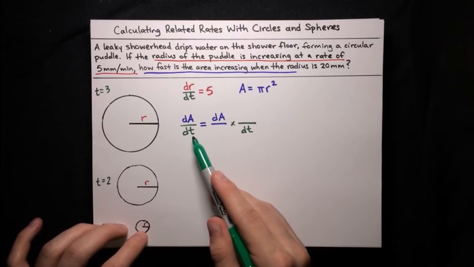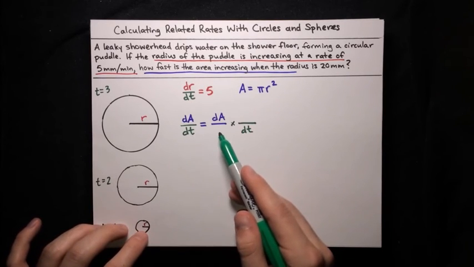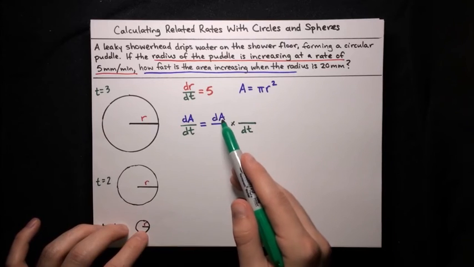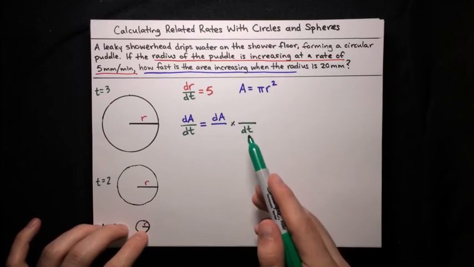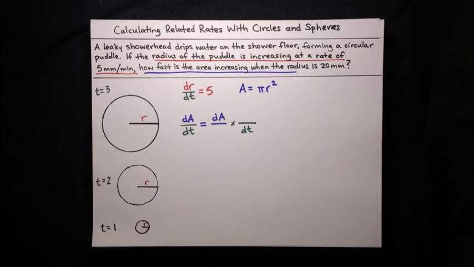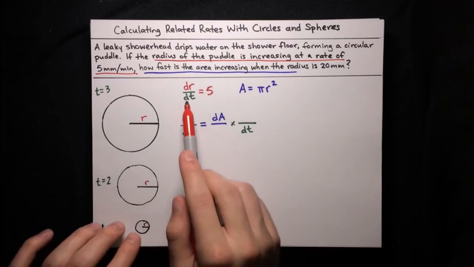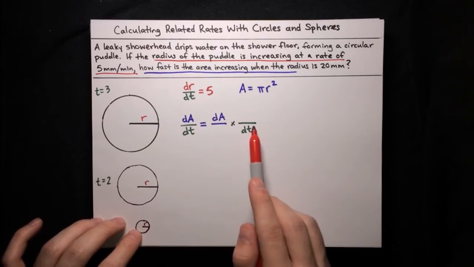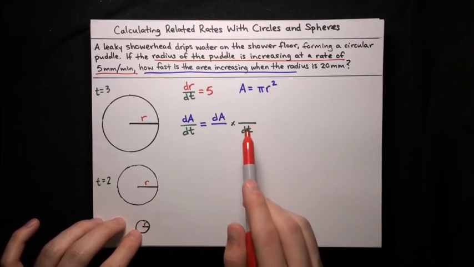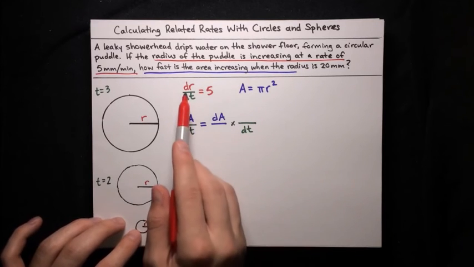So the key to choosing this intermediate quantity is we need to know the rate of change of A with respect to that quantity, and we need to know the rate of change of that quantity with respect to t. Now there's one bit of given information that's kind of staring us in the face here, and it's that dr/dt is 5. That follows the same format as this second derivative in the product, d-something over dt. Why don't we just choose that as dr?